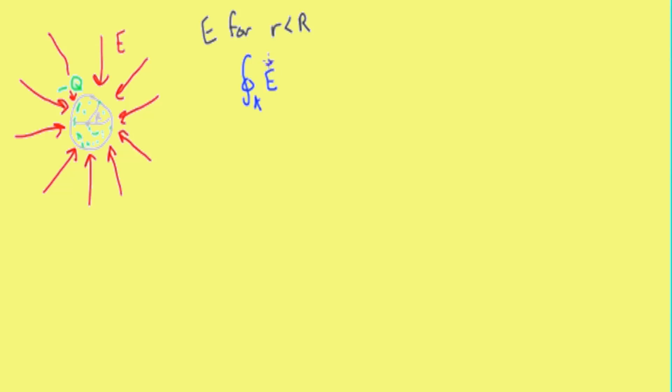E dot dA equals Q enclosed over epsilon naught. So inside we won't have any charge enclosed, so this right hand side will just be equal to 0.